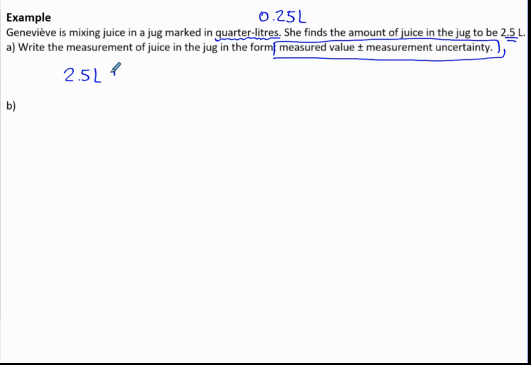To find out what my uncertainty is, I take that 0.25 of a liter and divide it by 2. So 0.25 divided by 2, and we get 0.125 of a liter. So that's our uncertainty.